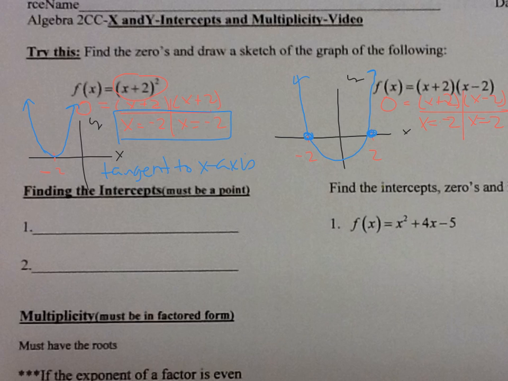And the reason why it's crossing at two different spots is because you have two completely different roots. They're -2 and +2. So this, as you recall when we did the discriminant, crosses the x-axis 2 times.